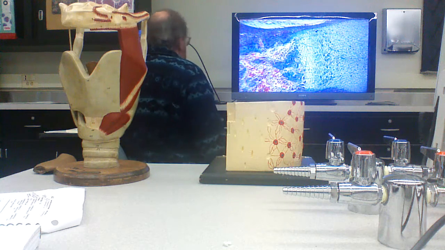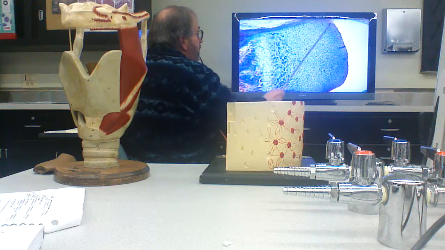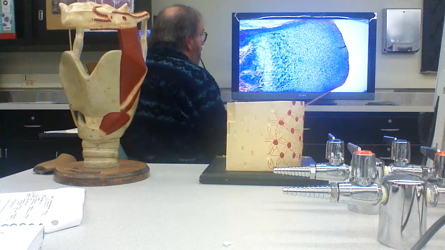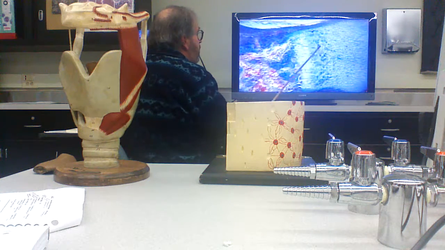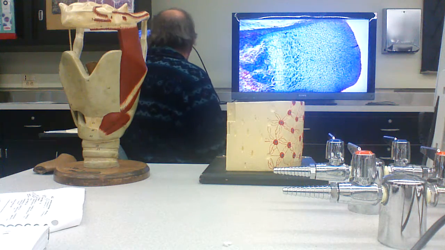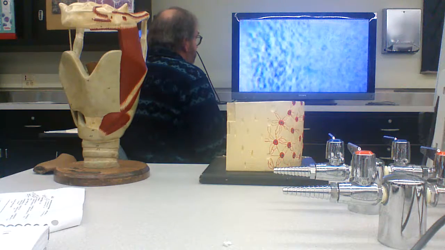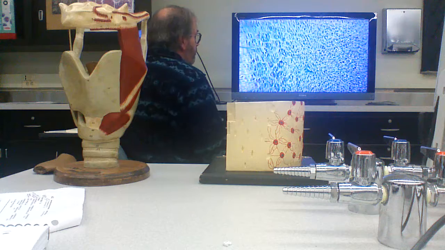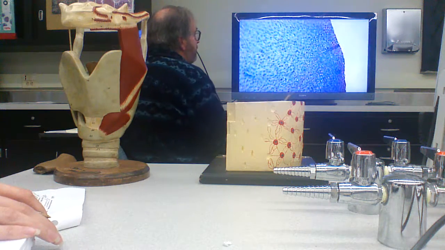Okay? And on the end, here's your epiphyseal cartilage. You have this area out here with cartilage cells, and then you have this very ordered area in the middle. So you have zones. This part here is reserve cartilage.